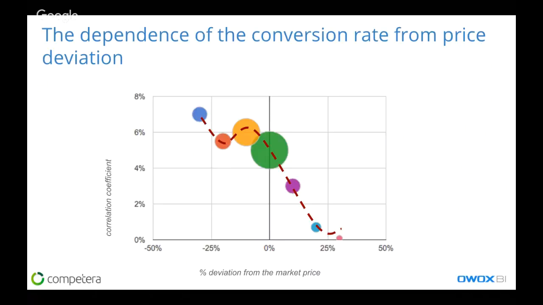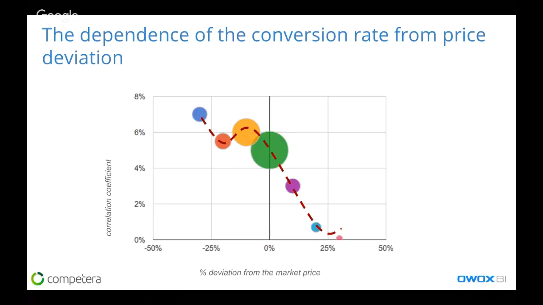But the thing is that, for example, for some categories of products there is no such difference between whether to decrease the price by 15% or by 10%. And knowing this, we can save 5% margin for our business.